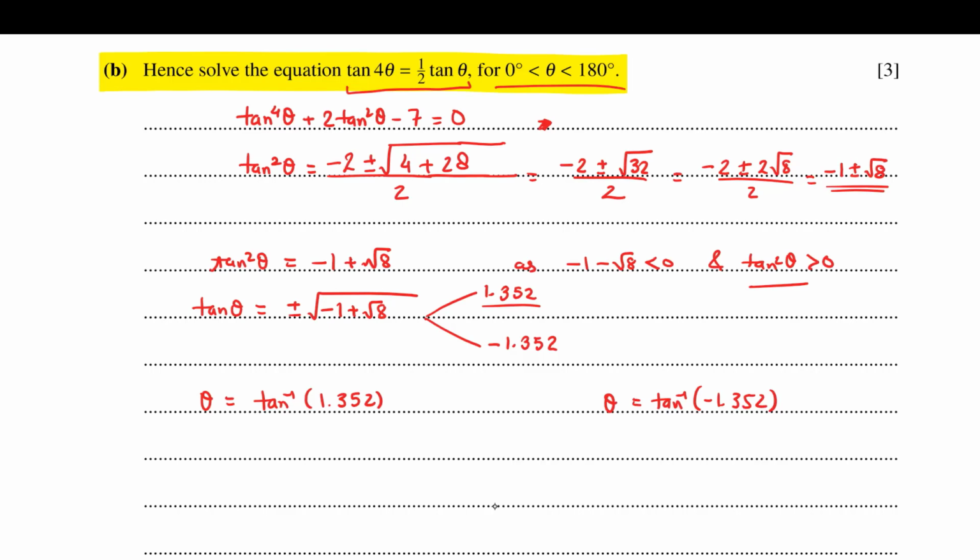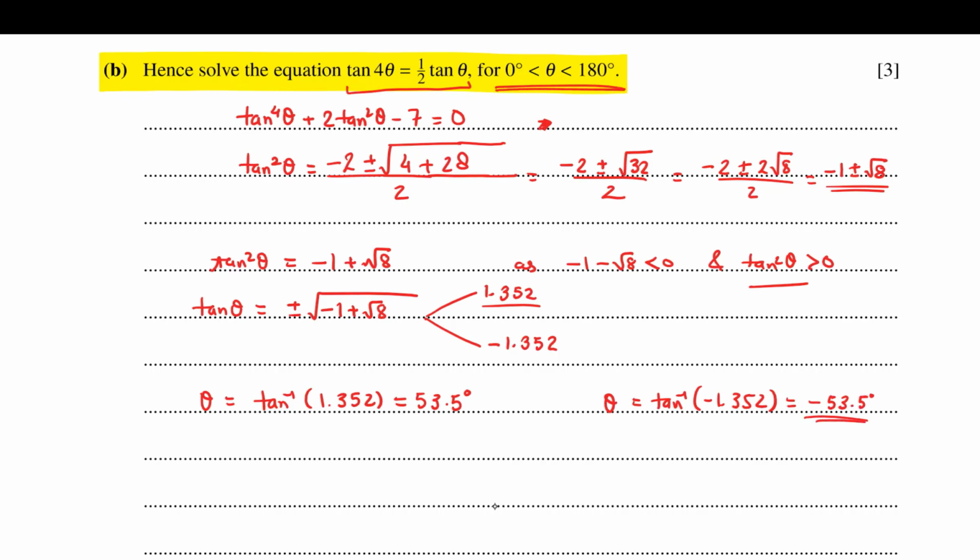We have 53.5 degree, it is 53.515 and so on, but we are required to write it to 3 significant figures or 1 decimal place. And here it is minus 53.5 degree, but it is not acceptable because it's not in the range.